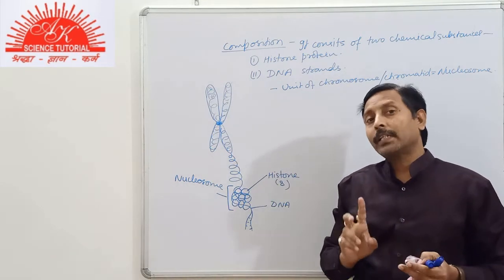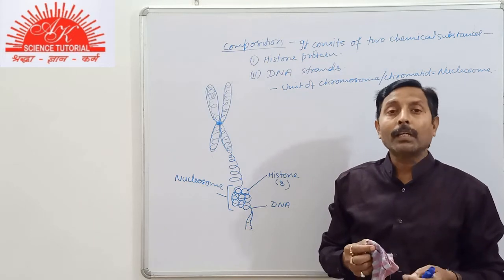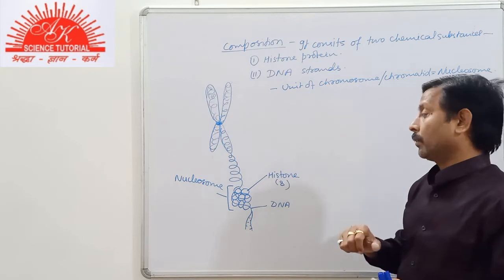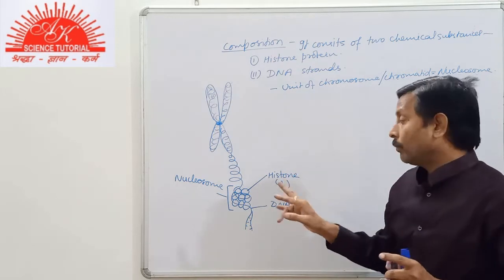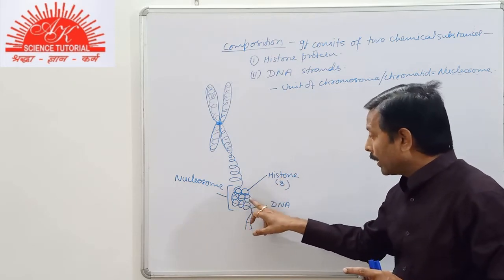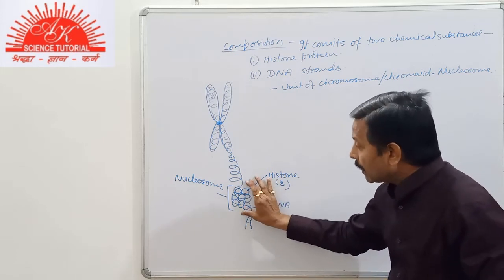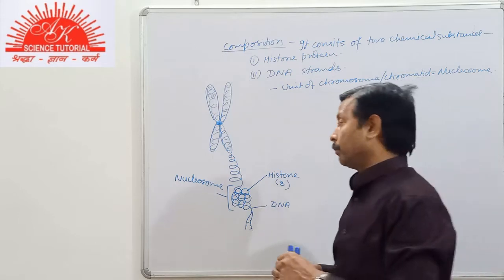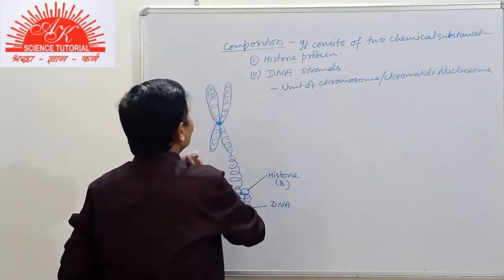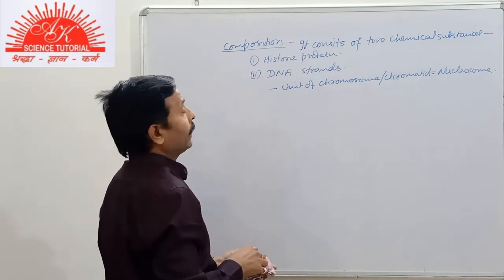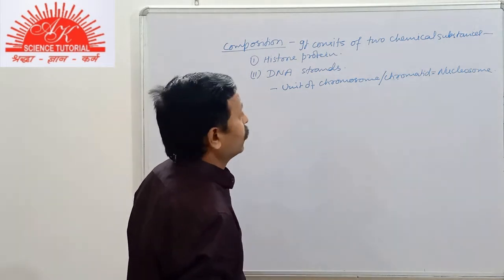Histone protein. If the question is asked, name the protein present in chromosome, it is histone protein. So in a nucleosome there are 8 histone protein molecules wound by DNA strand, and this unit is known as nucleosome. So this was about the composition of chromosome.